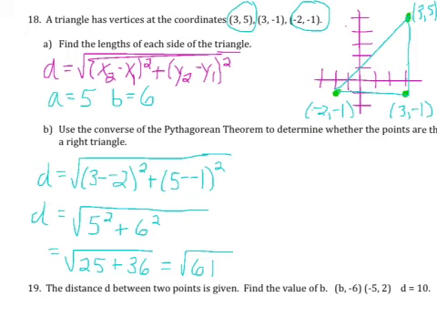And we can't simplify the square root of 61. You could put it in your calculator and tell me what the decimal is. But we can just say that side C equals the square root of 61.